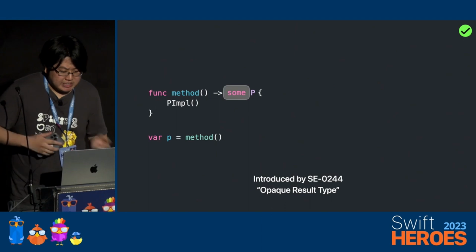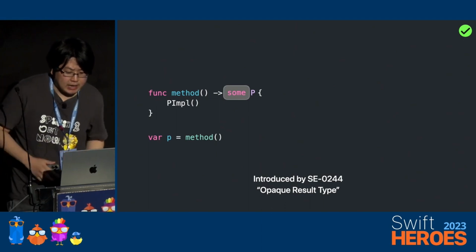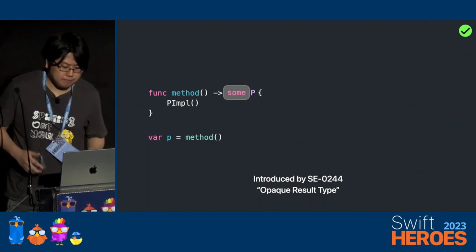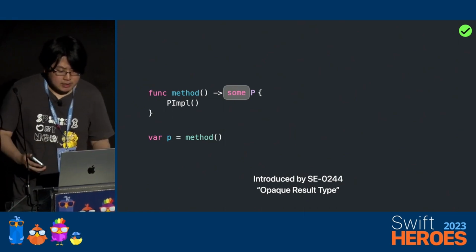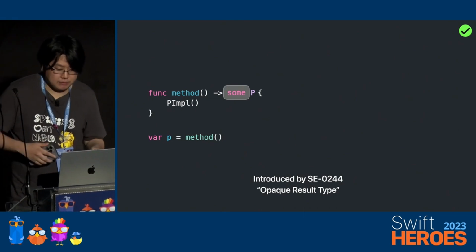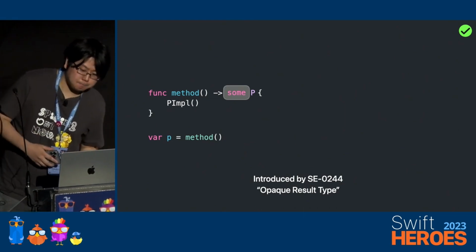Now, the concept of reverse generics is introduced as opaque result type from Swift 5.1. The some P is treated as a special type by the compiler, not generics. But you can access variables and functions related to the P protocol.